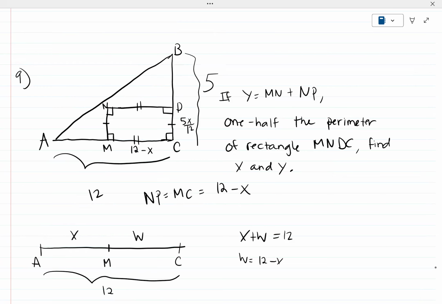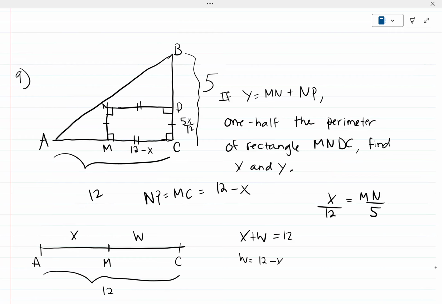Okay, so now let's set up our proportion. We could say X over 12 is equal to MN over 5, right? X over 12, this entire length, is equal to MN. So what is the length of MN?